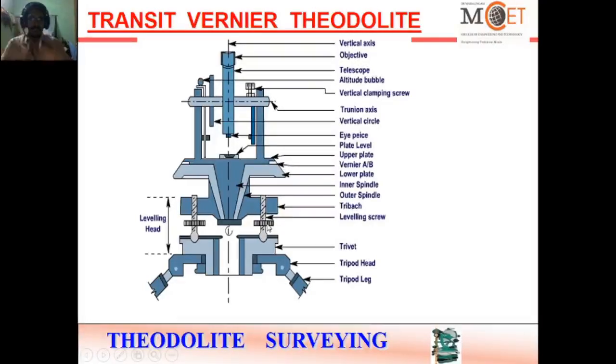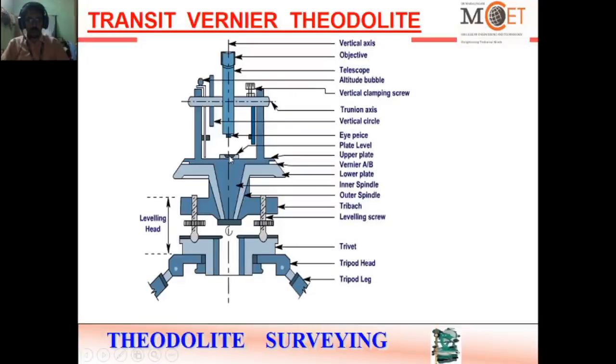So by adjusting these foot screws, as I have explained for the leveling of the dumpy level, either the first two foot screws either inward or outward, and the third one in the perpendicular direction, right? The same procedure has to be adopted here also, right? Here the level has to be checked with the plate level. This is the horizontal plate, so horizontal plate level. This bubble has to be made center.